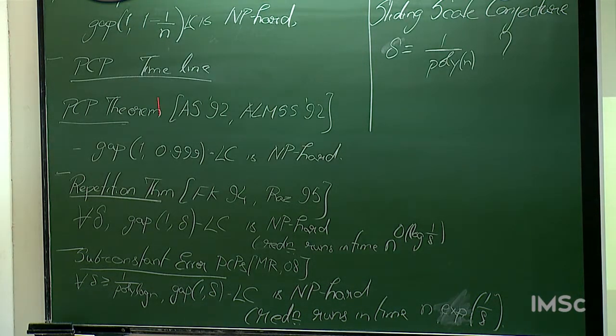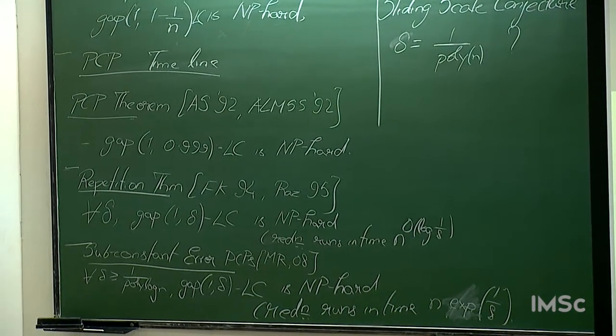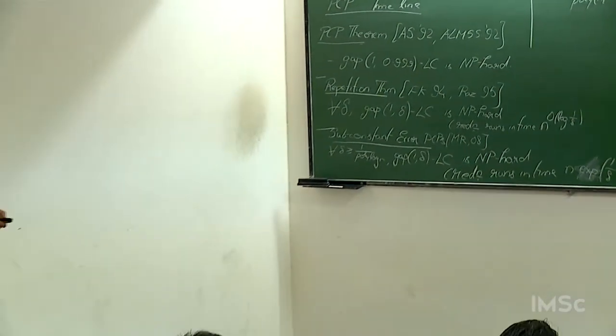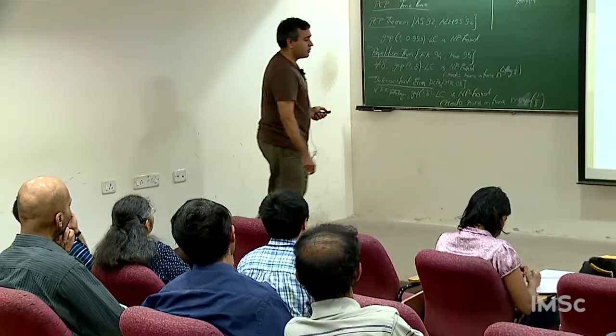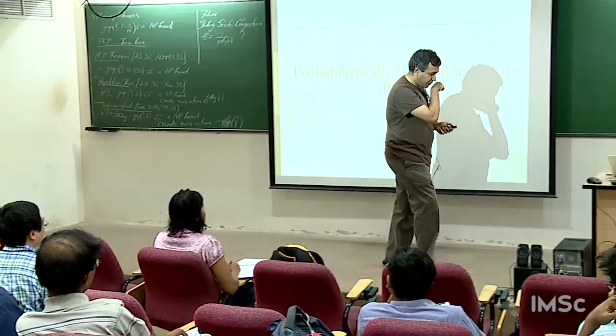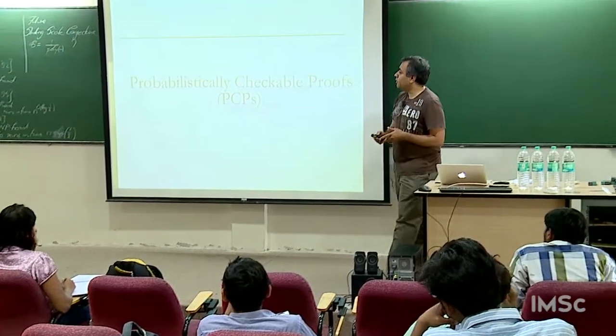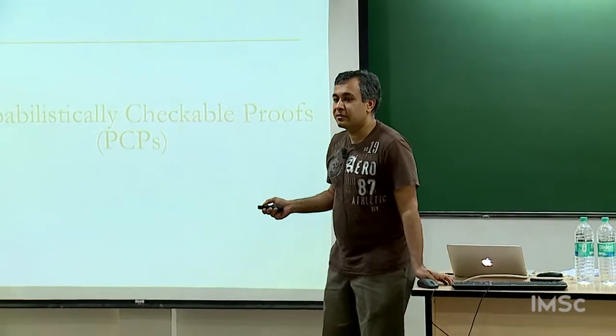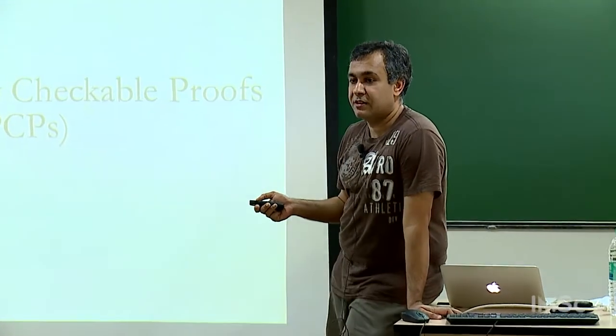I'm not mentioning that explicitly. Is there any simple algorithmic consequence, like if the sliding scale conjecture is true, you can see some clear improvement in a simple example? I don't have a simple one, but there are problems. For example, until recently, set cover required sliding scale to prove optimal hardness of set cover.